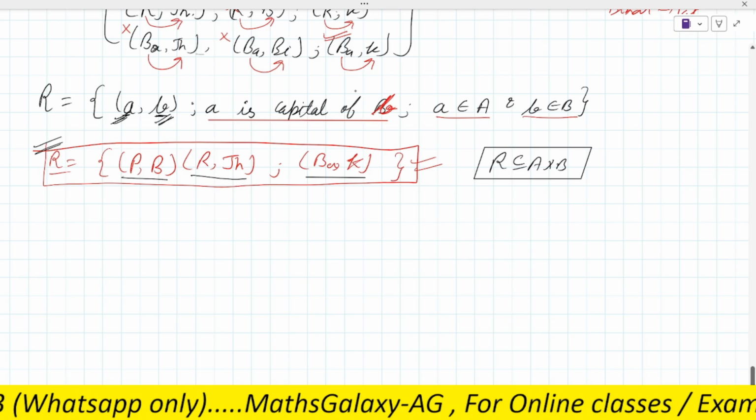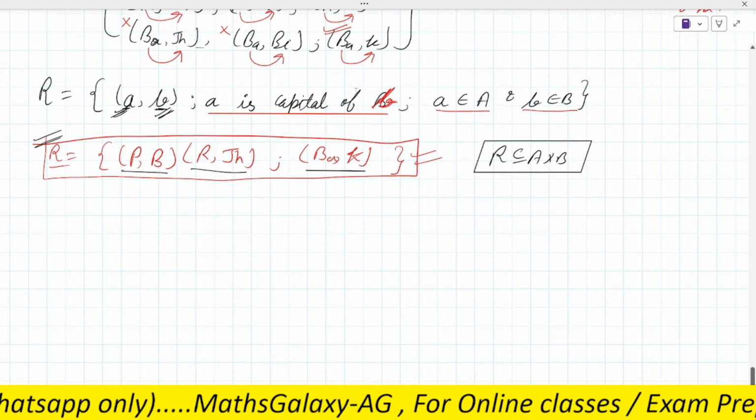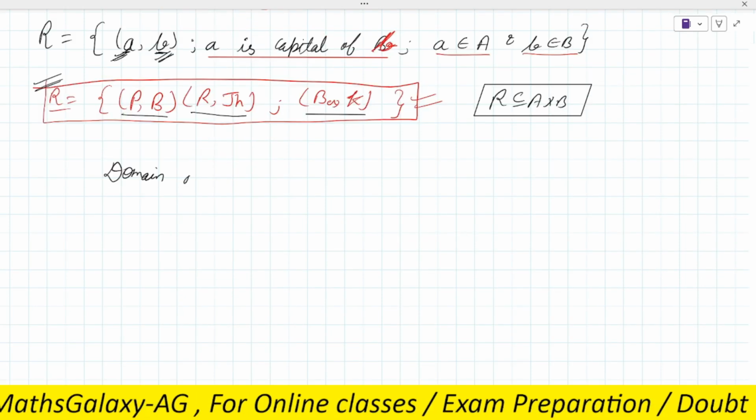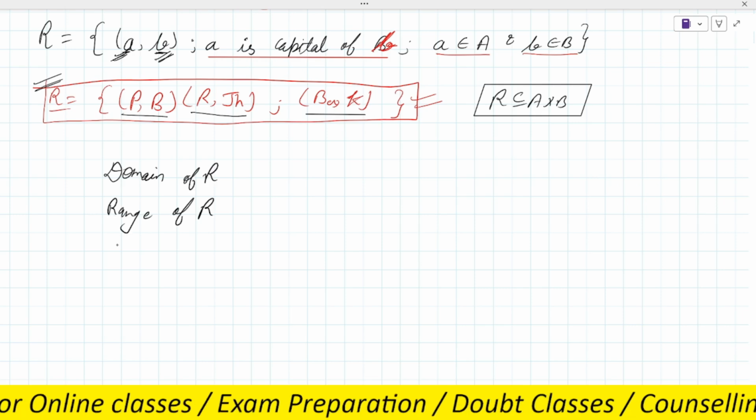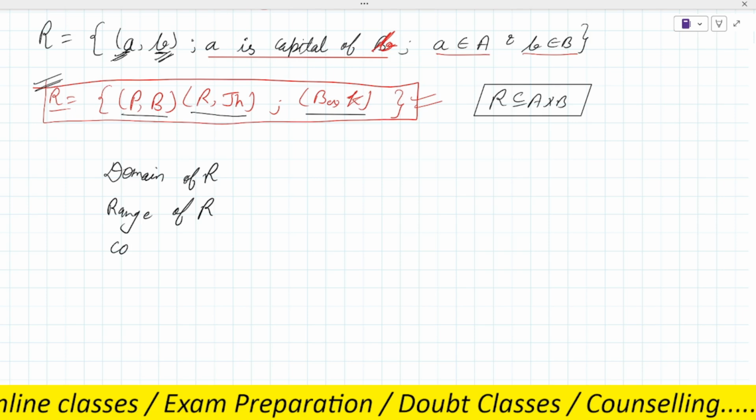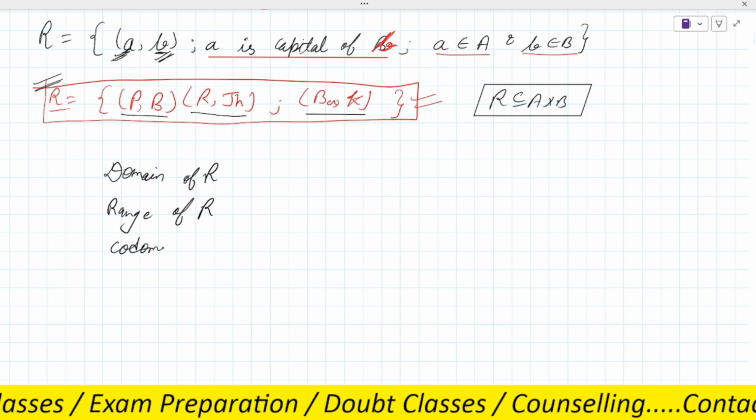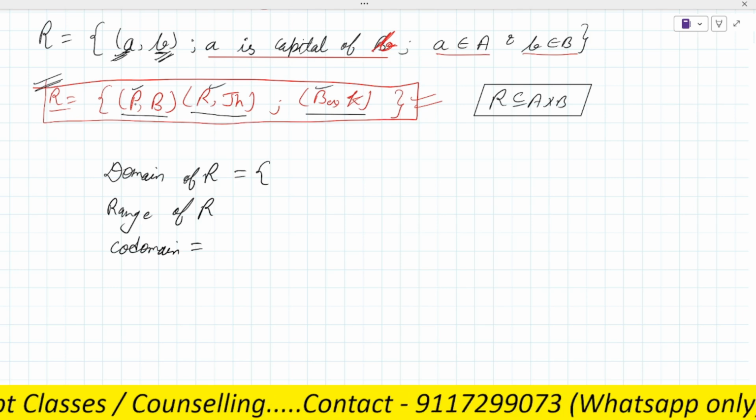Is it clear? Now here there are some points. The first one is the domain of R. After that, the range of R and the codomain of R. In domain, we will write the first element from each pair.